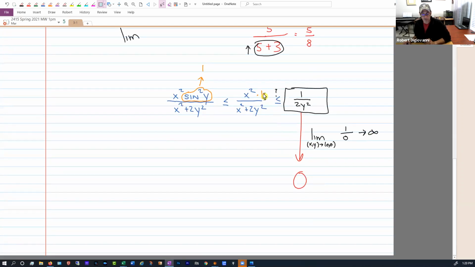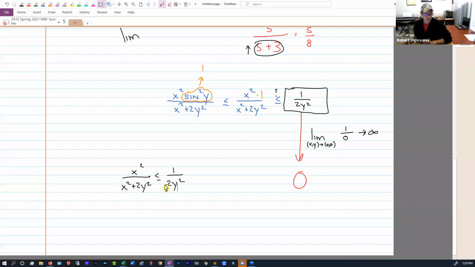Because what I was trying to do here is get this down to one variable. That's all I was trying to do. This was an attempt to get it to one variable, but it doesn't work anyway. But how would I check if this is even true? I would just do this. This is a check.